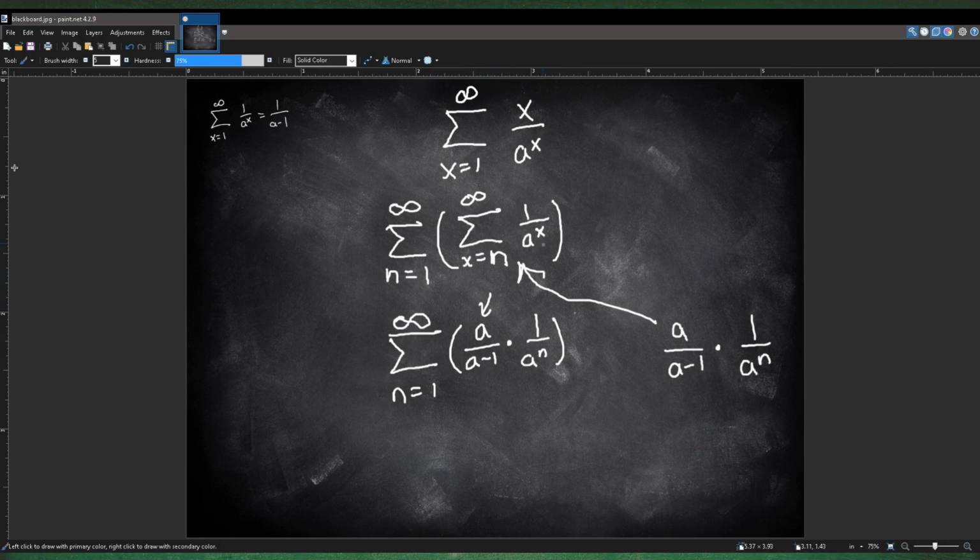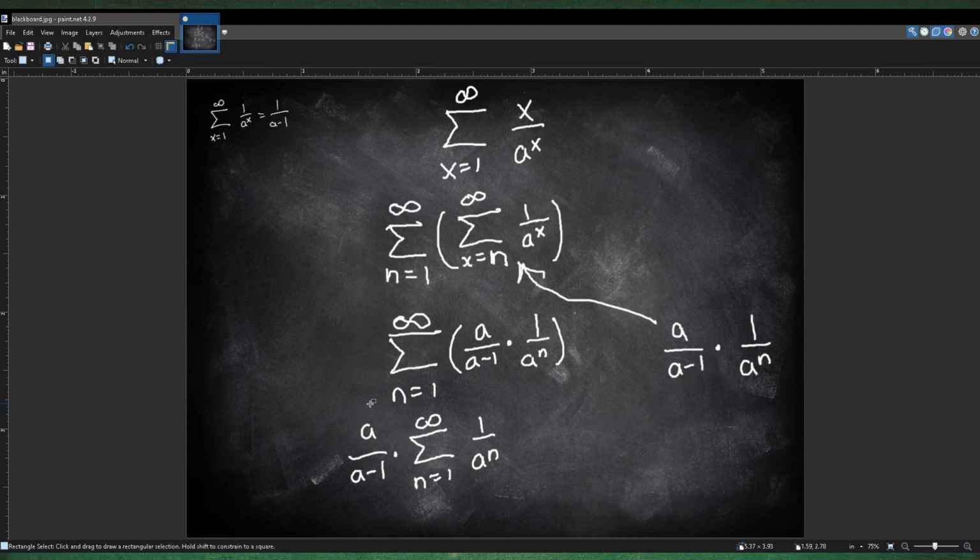It's not a variable. We just have a as some kind of variable for now, so it can stand for, say, 1 over 5x, right? So a is definitely going to be a constant. We just need to move that outside. So a over a minus 1 is not going to do anything. Times a summation of n is equal to 1 to infinity, and then we have 1 over a to the n. Okay, so we have this.